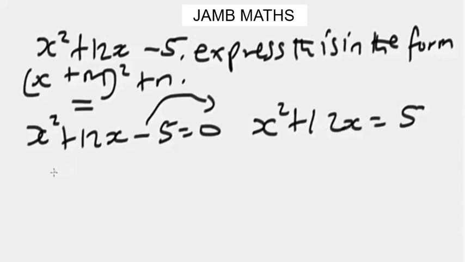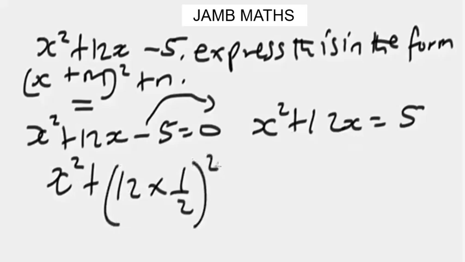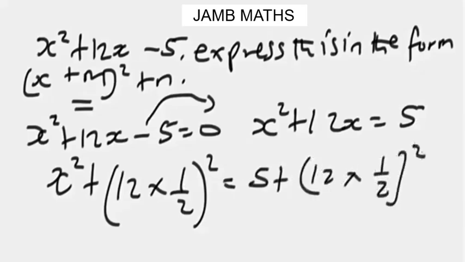So basically we're going to have x squared plus 12x plus the coefficient 12 times half, squared. This is the rule you have to follow. Whatever you do here, you also do on the right side of the equation. So it's going to give us 5 plus 12 times 1 over 2, all squared.